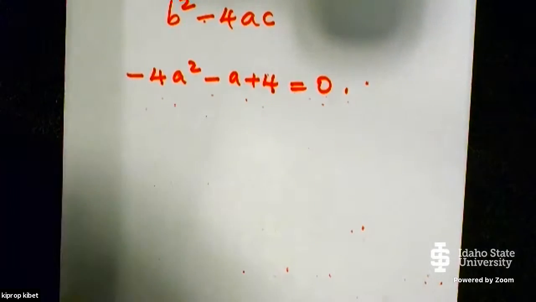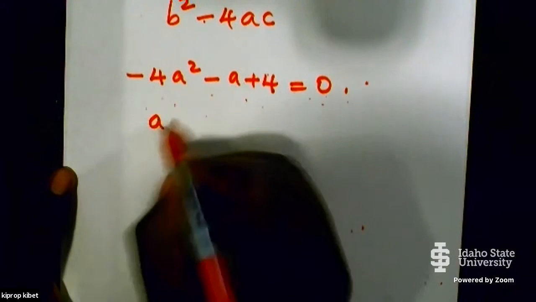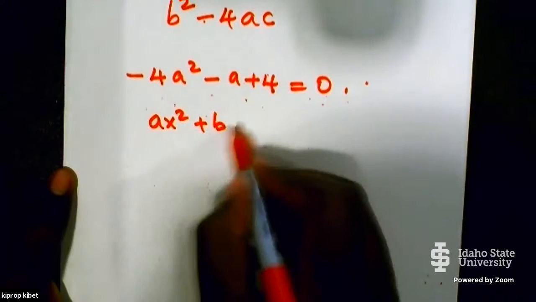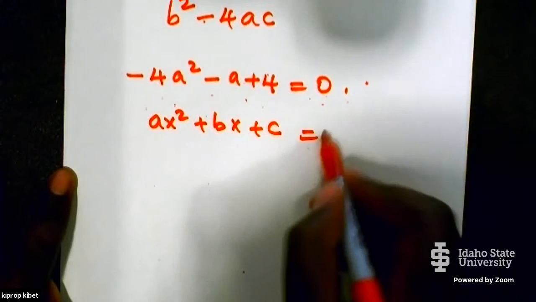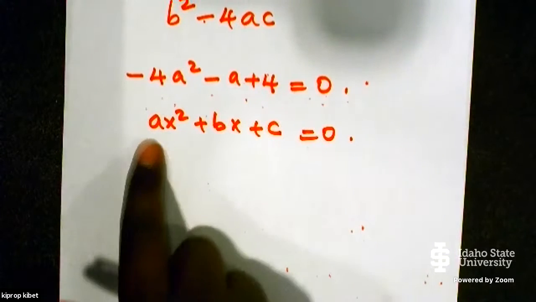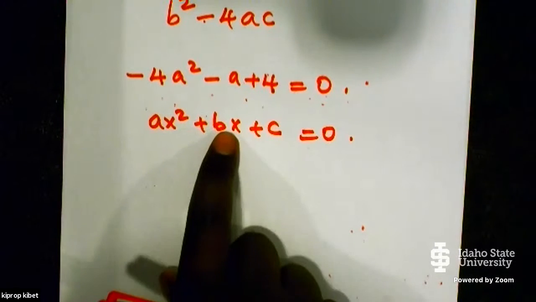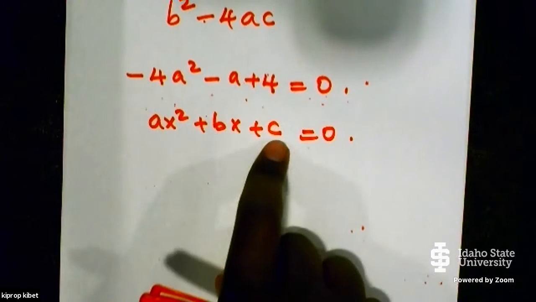Our quadratic equation is of this form: ax squared plus bx plus c equals 0. a is the coefficient of x squared, b is the coefficient of x, and c is a constant.